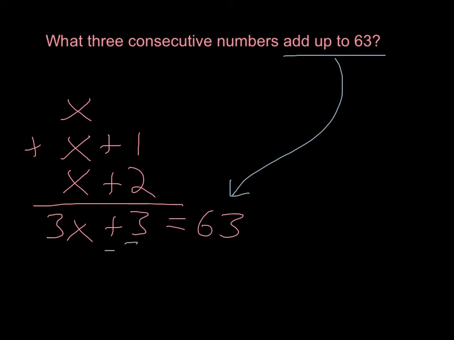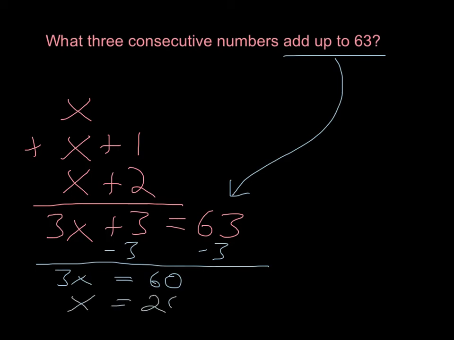I'll subtract 3 from each side. I'll get 3x equals 60, so x equals 20. That gives me my first number. But again, it's asking what 3 consecutive numbers.